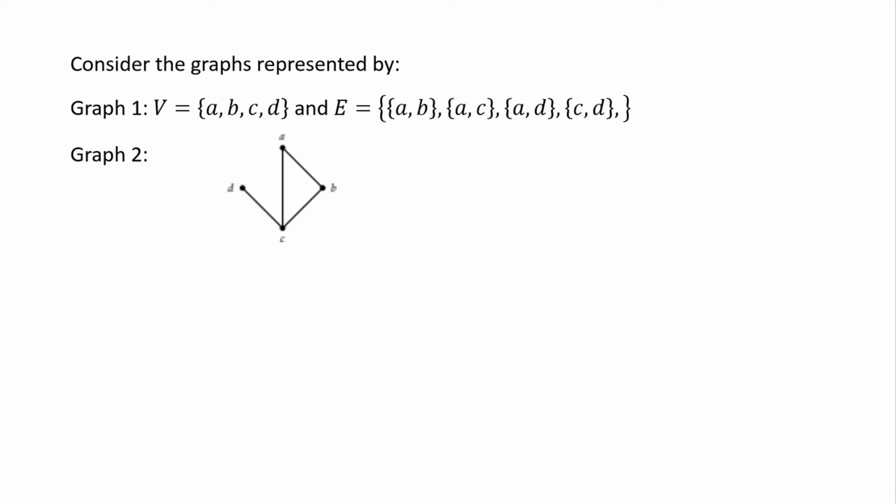The first question posed is, are graphs 1 and 2 equal? And the answer is no. They are not equal. Now, I didn't know this right away. I had to look at it for a little bit.